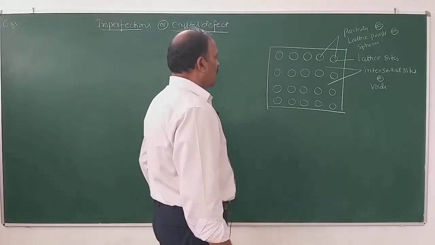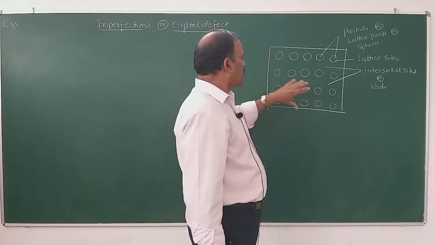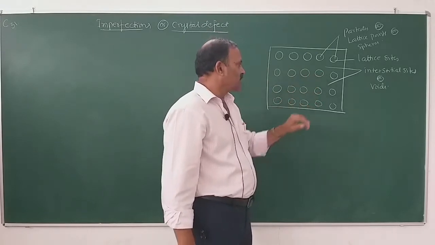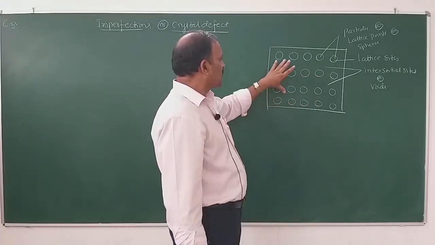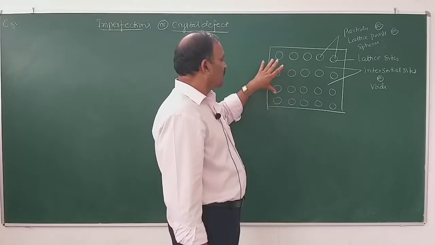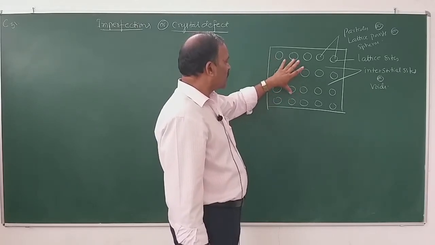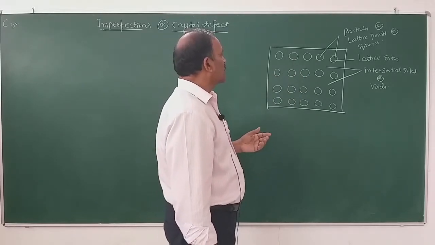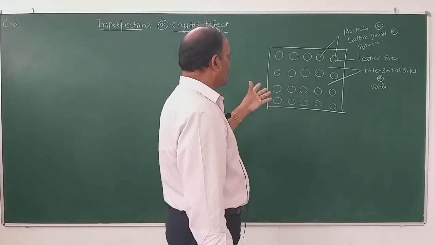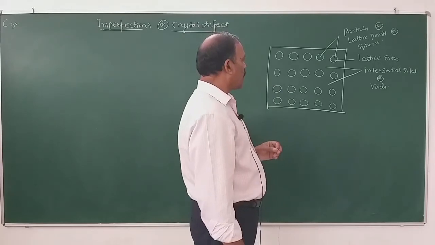Now this is the proper order in which the particles are arranged in a crystal. If the order of the arrangement is disturbed, then what happens? Disorder will be formed.